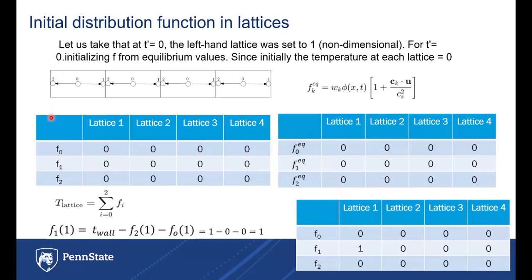But for the first lattice, because it has a left boundary of constant temperature, the F1 of it is 1.